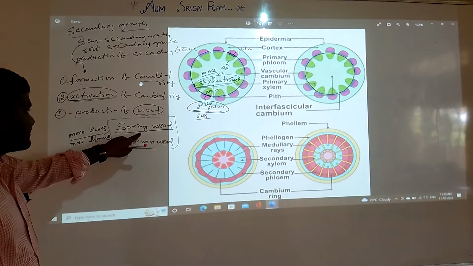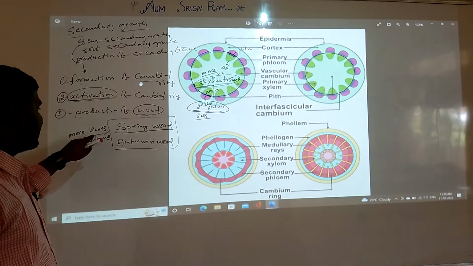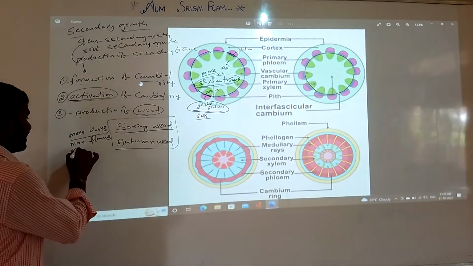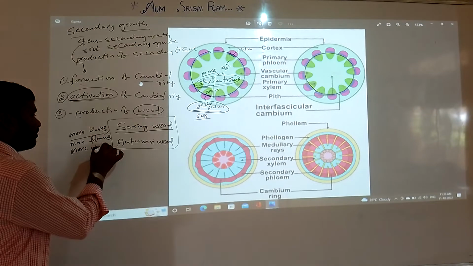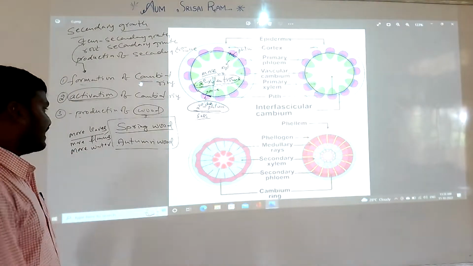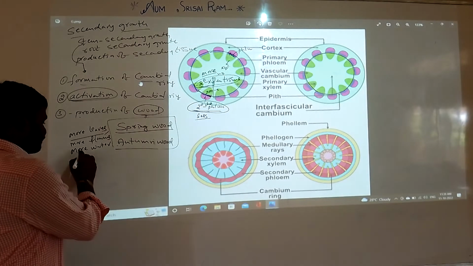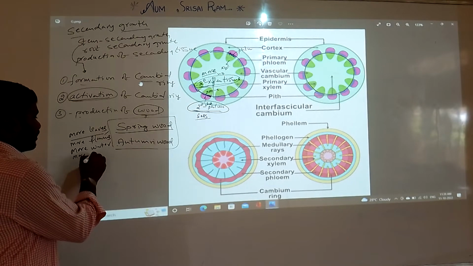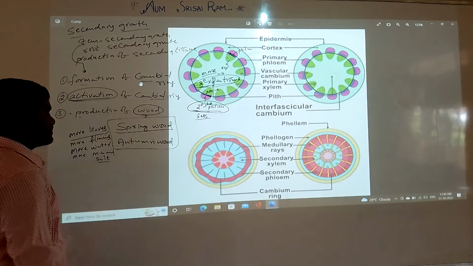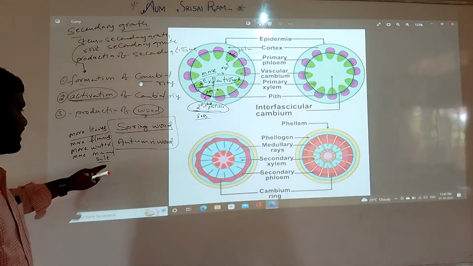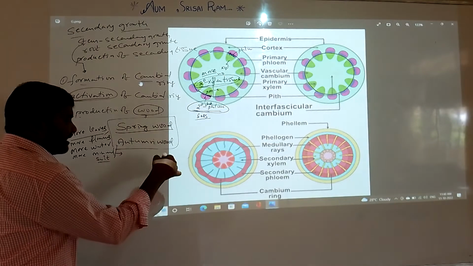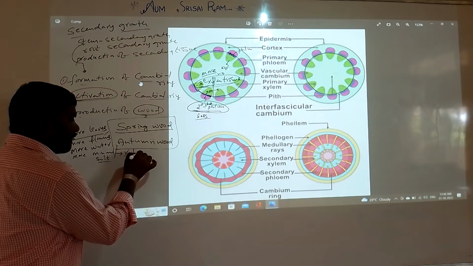So when the spring season occurs with more leaves and more flowers, the plant requires more water. The plant requires what? More water. And on the other side, the plant requires more minerals and more salts. So the water, minerals and salts are all conducted or transported by which tissue?